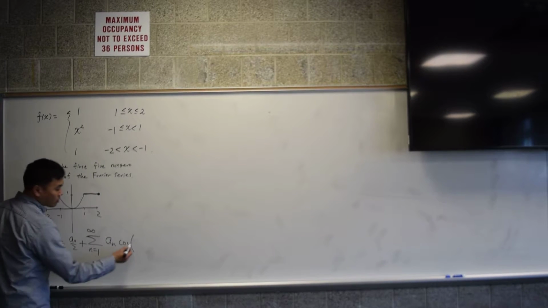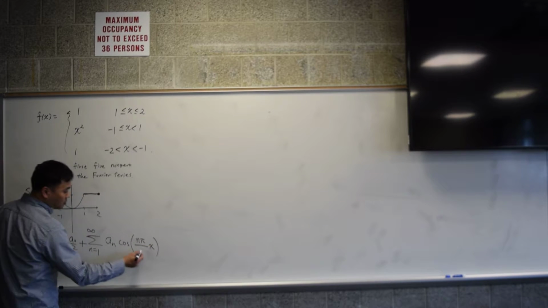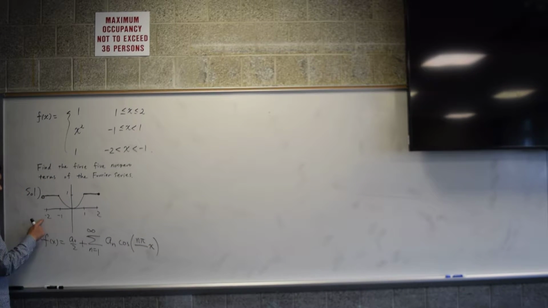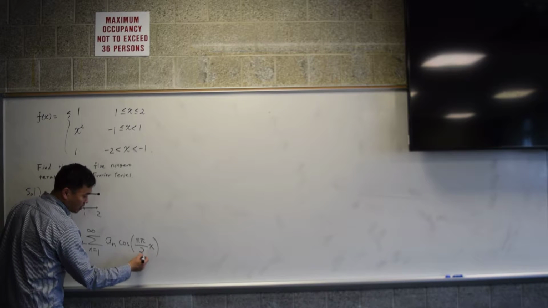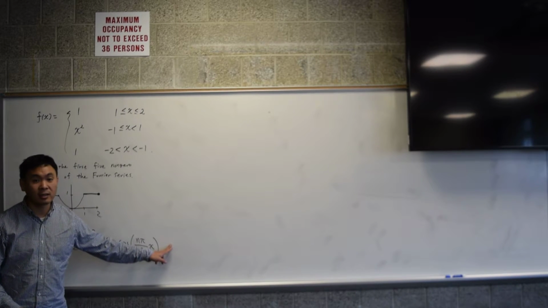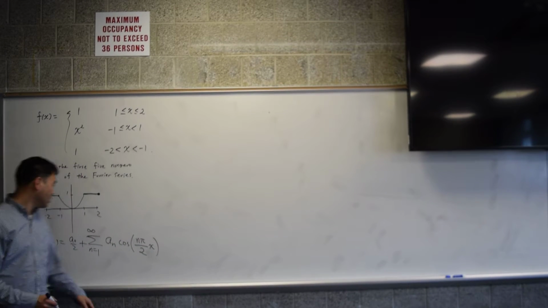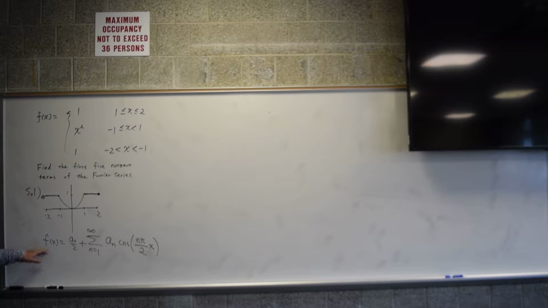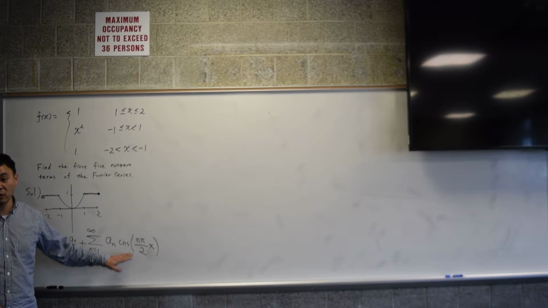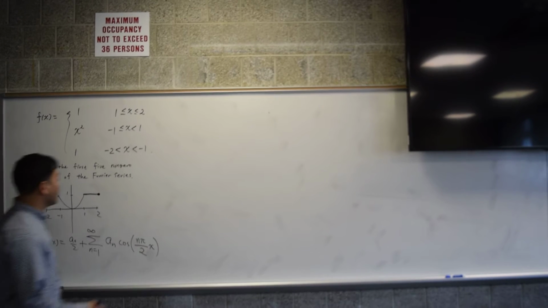So the formula is n pi over L x, but because it's negative L to L, with L equal to 2 in our case, L should be taken to be 2, and that's why we write it so. Now, do we need Bn? No, because Bn are odd functions, and since f(x) is an even function, you're only going to see even functions appearing. There won't be any odd functions.